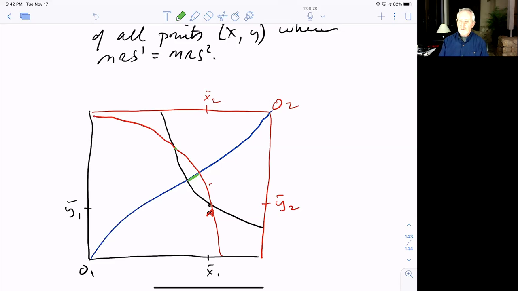So they're going to trade always to the contract curve. And all of these points are Pareto efficient. These points here that aren't between there are also Pareto efficient, but they're not points that would arise through voluntary exchange starting at point A.